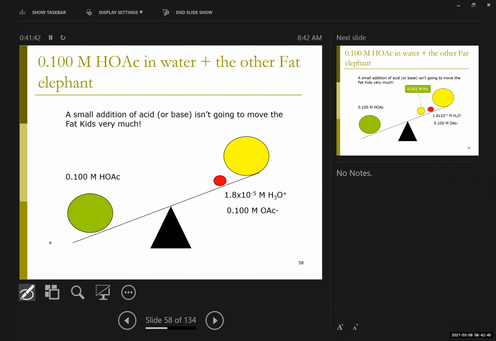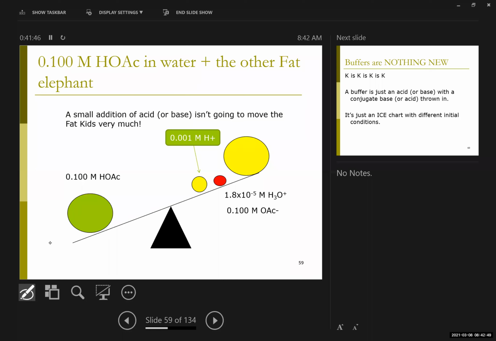The hydronium is almost an afterthought. And so if I were to add a little bit more acid, the same 10 to the minus 3 I just did, it's a much smaller percentage of the total weight on the product side. It's a fly on the elephant's shoulder.